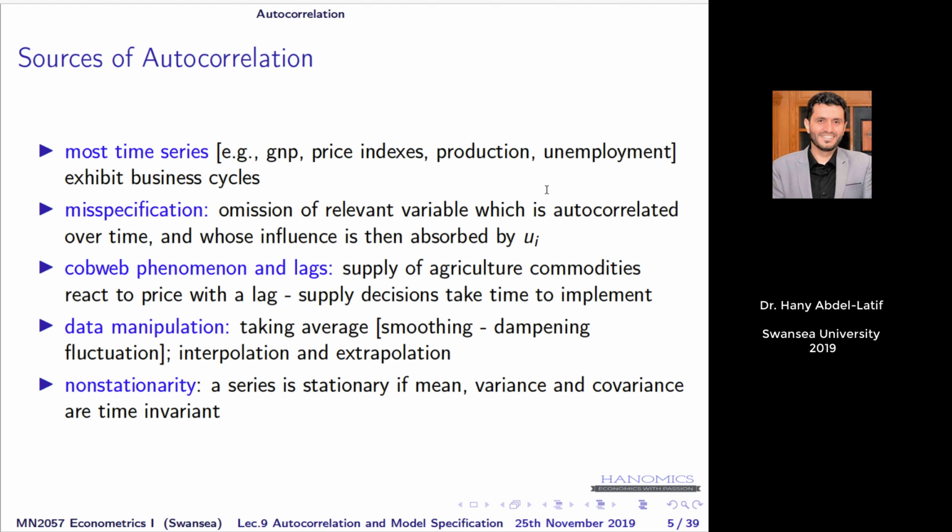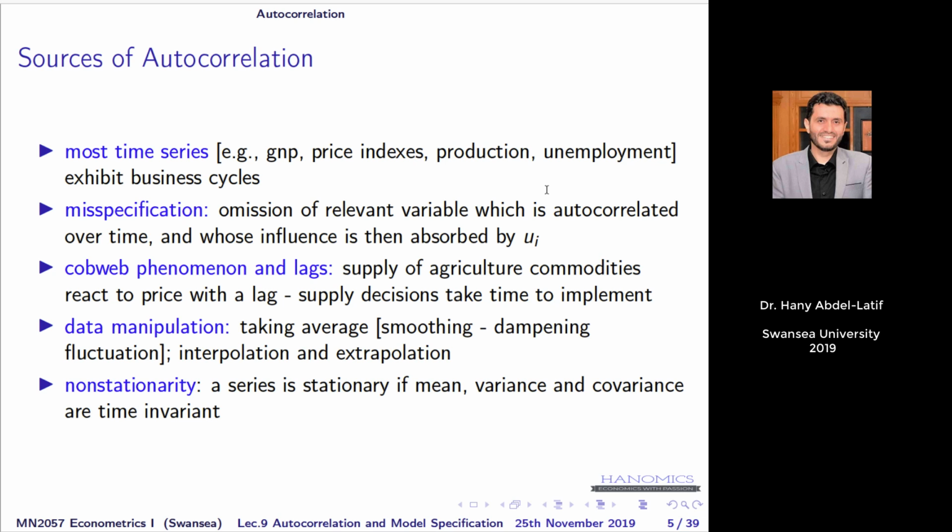So why does this happen? Why does autocorrelation happen? Okay, there are so many reasons. You could think of most time series, the examples I give, it's actually because of the business cycle. So you see economic activities going up and down.